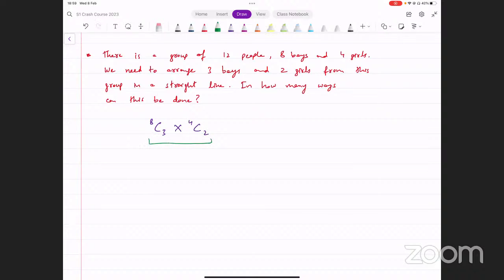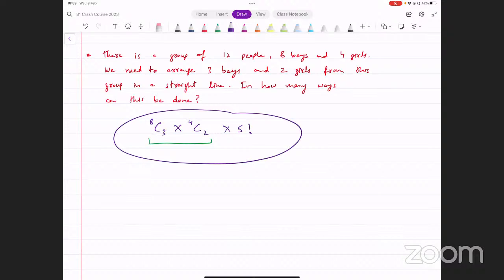The right number of boys and the right number of girls. Once that is done, now we want to arrange those people. There are 5 of them. In how many ways can we arrange 5 people? We could just use 5 factorial for that. And that would ensure that all of the arrangements are accounted for. And that's going to give you the result.